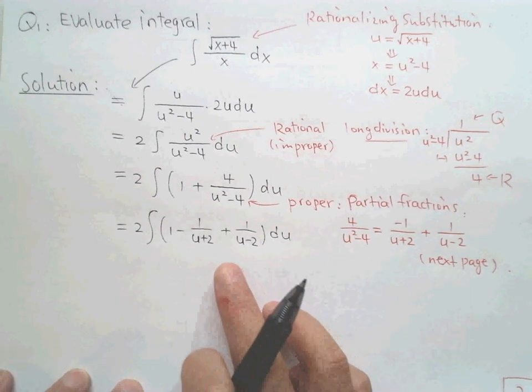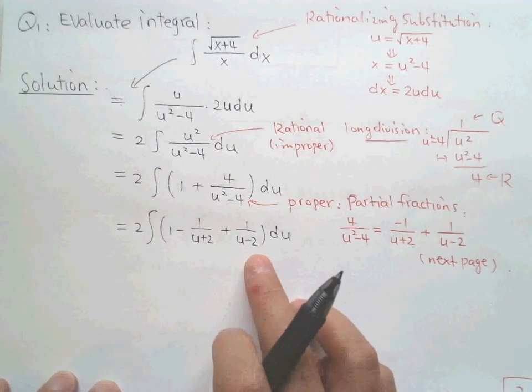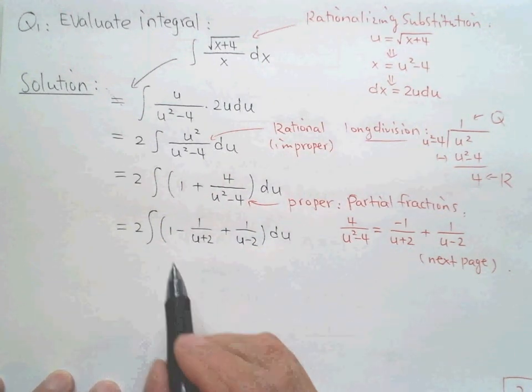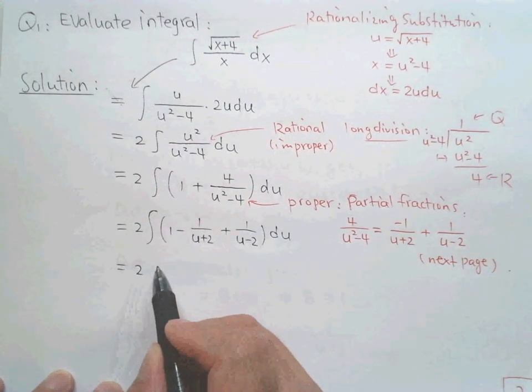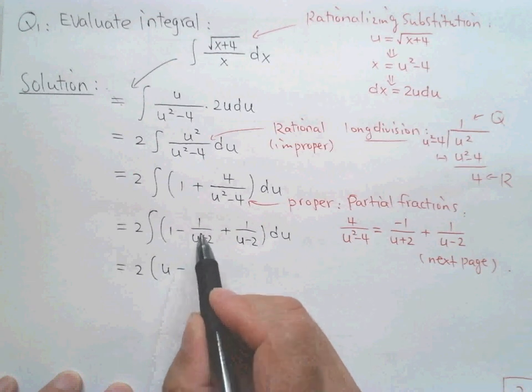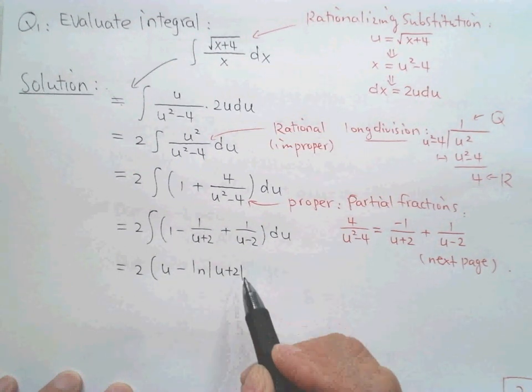Okay, so now easy. This one has derivative of u, this has ln, this has ln, remember that? So I directly find the antiderivative for each term. So it's 2 times: the first is u minus ln absolute value of u plus 2.